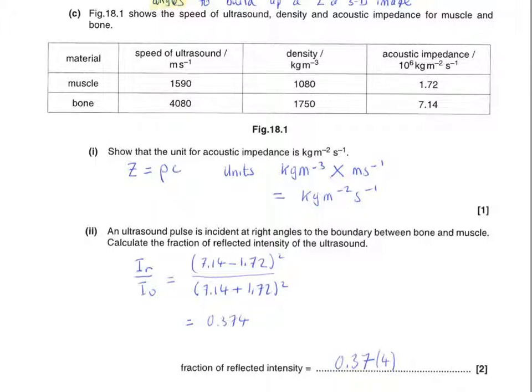You can look up on the datasheet the equation for acoustic impedance. It is density times speed within the material. Here we have the units of density in the table, and here we have the units for speed, which are fairly obvious, and combining them it should simplify to kilograms meters to the -2, seconds to the -1.